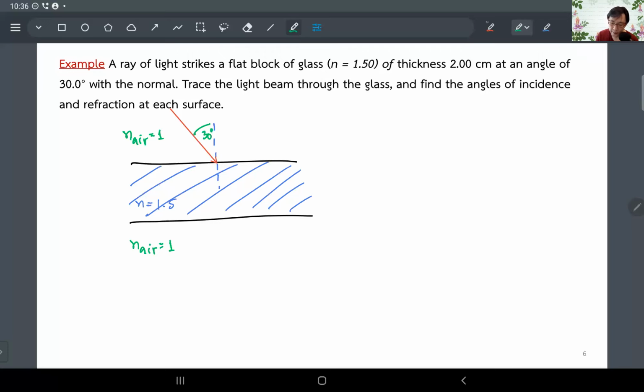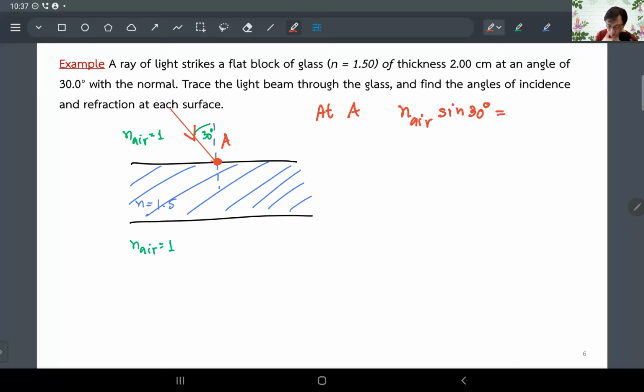So you apply Snell's law at a point. You have light hitting that point on the block of glass, so I can name this point A. At A, you start from any medium that you like. For example, I want to start from the air. So I say n of air, sine of the incident beam, sine 30, will be equal to n of glass times the sine of the refracted angle.